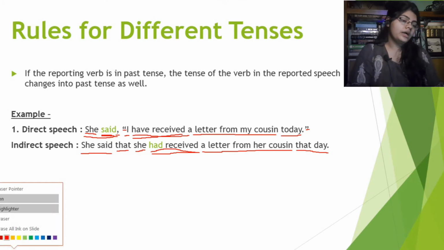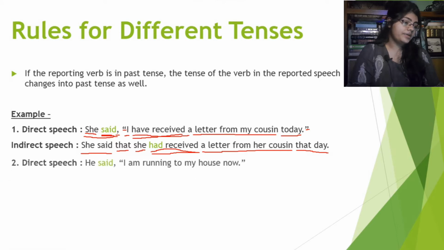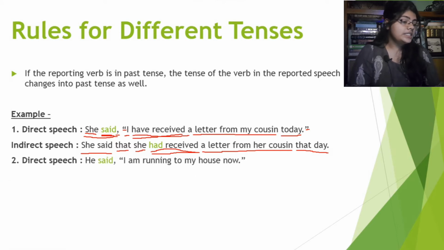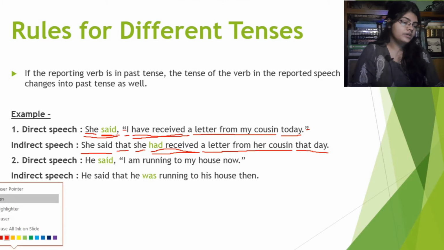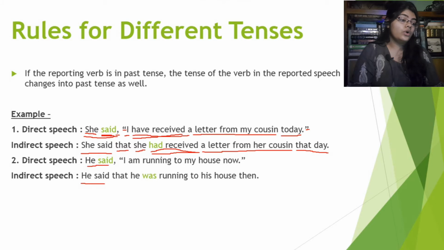Now, another example. Direct speech: He said, "I am running to my house now." In indirect speech: He said that he was running to his house then. Now again, what is happening here? "He said," comma is replaced by "that."